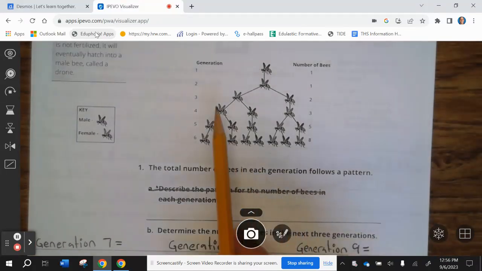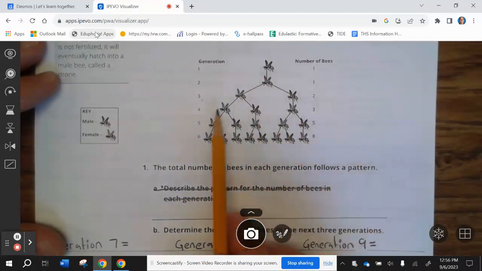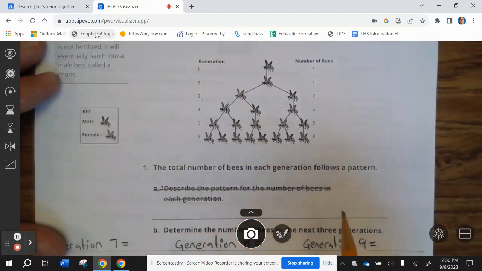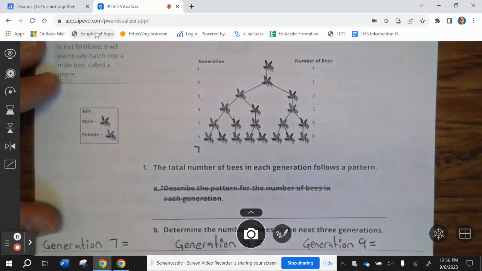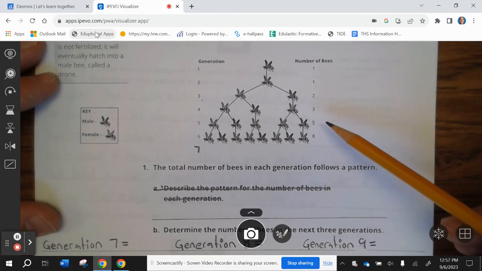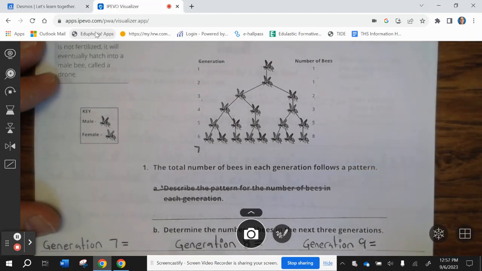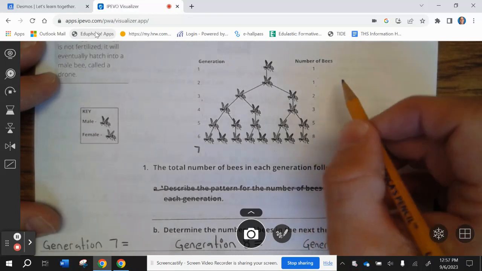So generation 1 has 1, generation 2 has 1, 3 has 2, 4 has 3, 5 has 5, 6 has 8. So 7 has... Basically, to get the next one, you add the previous two.